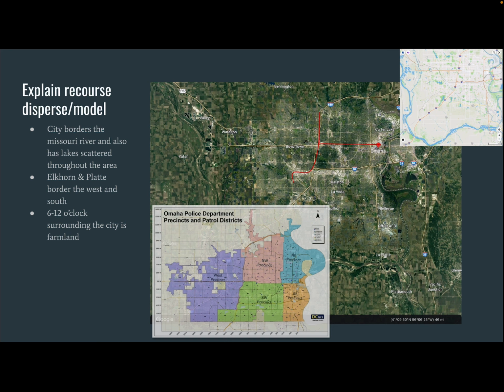And right inside this kind of horseshoe shape, if you were to put a clock over the city from 6 to 12 o'clock, there's just open farmland outside of the suburbs that was once prairies.